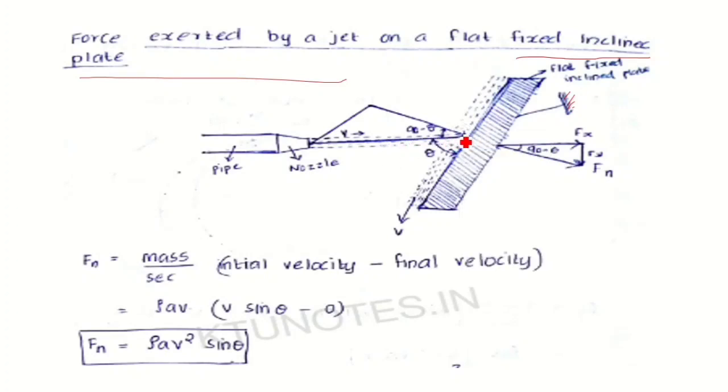Now the component of velocity perpendicular to the plate: this angle will be 90 degree, so this angle will be 90 minus theta. So this portion is v sine theta. The velocity component normal to the plate is v sine theta.